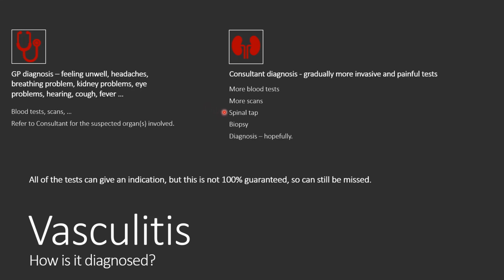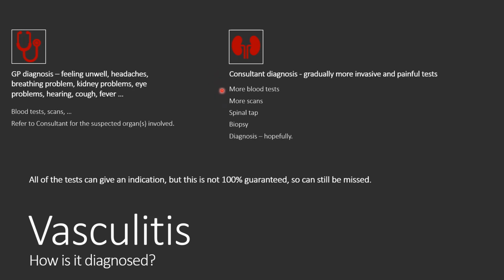You maybe get a spinal tap looking for cerebrospinal fluid, see what's happening in there. If that doesn't show anything, we head on to a biopsy, cut something out, have a look. By that point they'll have found something because they're running out of tests. So hopefully you get a diagnosis.